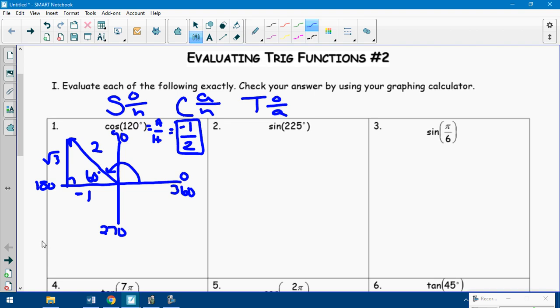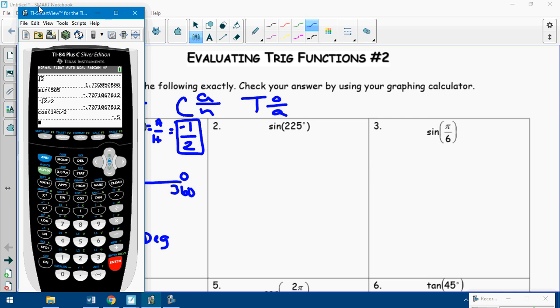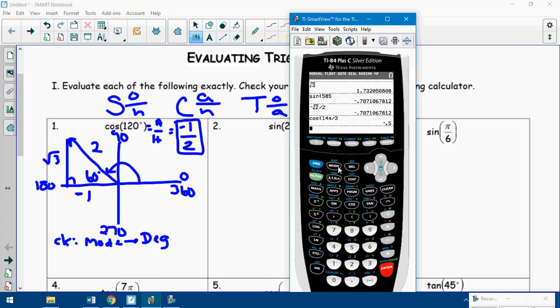I also am expecting, I left room down here because I want to see a check. I want to know what mode you're in. So for this one, what mode would I be in? I'd be in degree mode because it's 120. So I'm going to change this back one more time to degree. I'm going to type in cosine of 120.